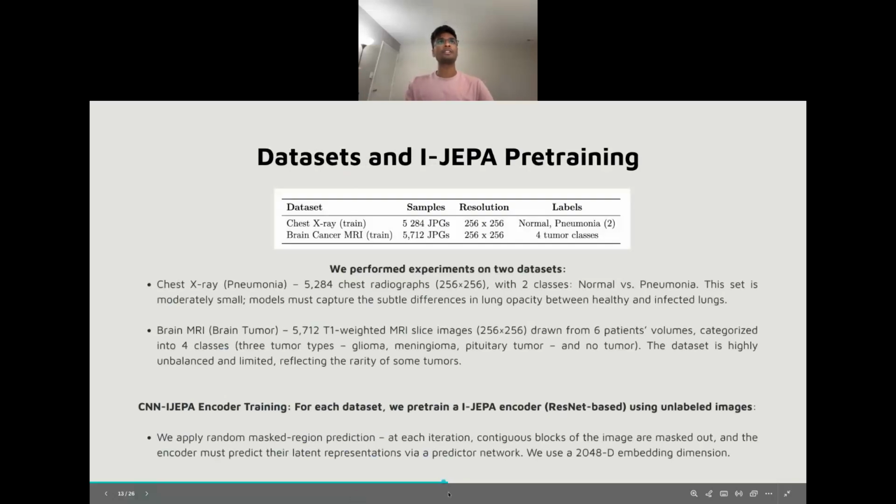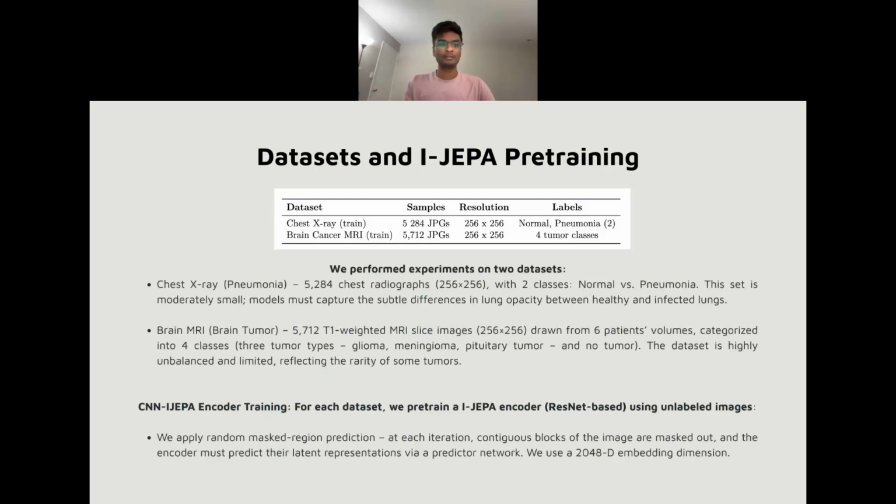When it comes to the data sets, we used a chest X-ray data set and brain MRI. Here I just mentioned that in chest X-ray, we used about 5,284 JPGs, and for brain cancer MRIs, we used 5,712, which is considerably low compared with other data sets, which could be around 20,000 to 30,000 in each class itself.